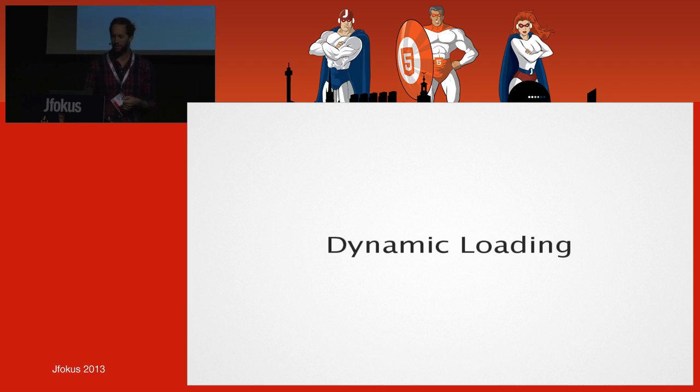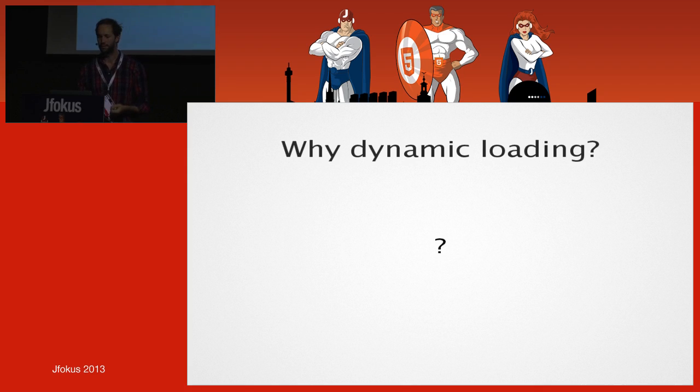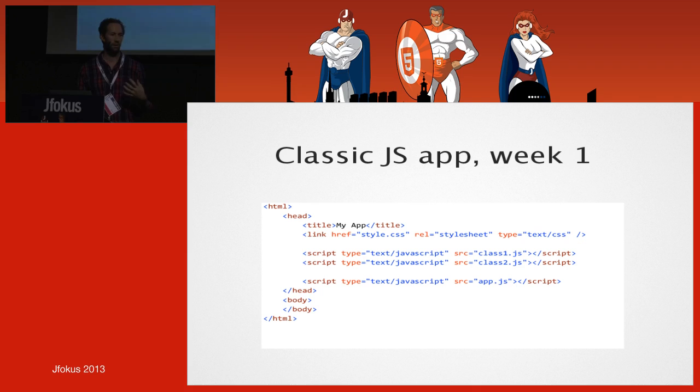And dynamic loading is also a very must-have feature in today's world, because applications are so complex, and if you don't have some mechanism, it'll quickly grow out of hand. So why we need it is because on day one of your application, your HTML page will most likely look something like this.